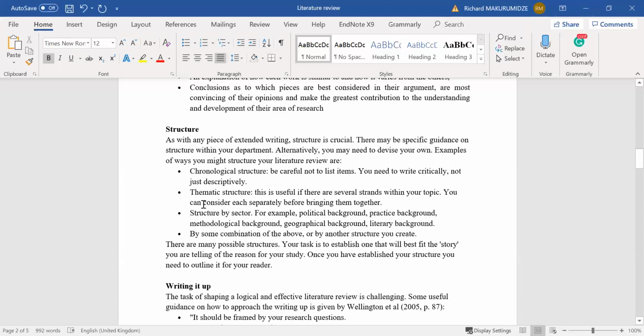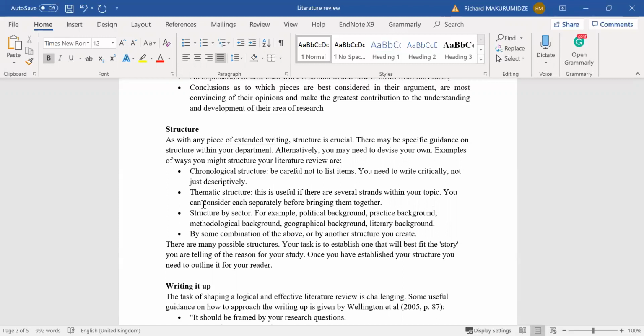So in most cases, the way we structure our objectives, you can also structure your literature review based on the themes or objectives, where each objective can have its paragraph or its section within the literature review. It also depends if your literature review is based on sector.